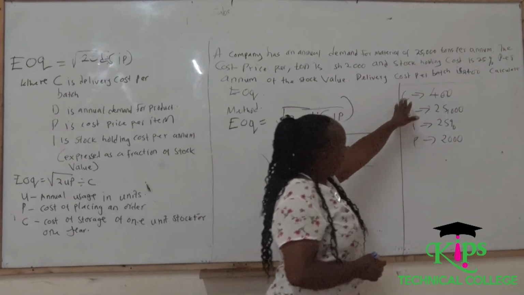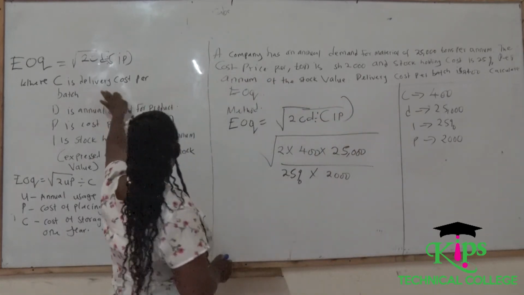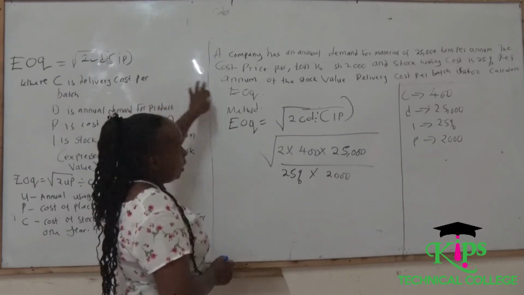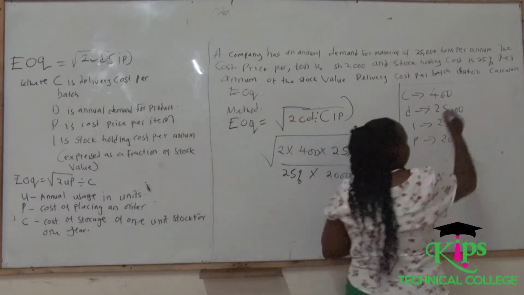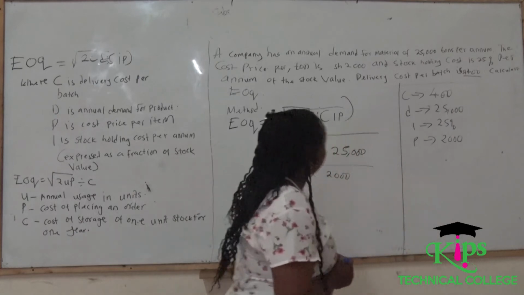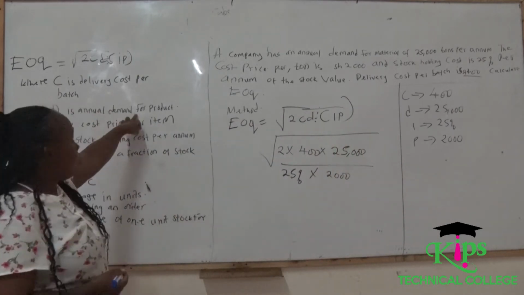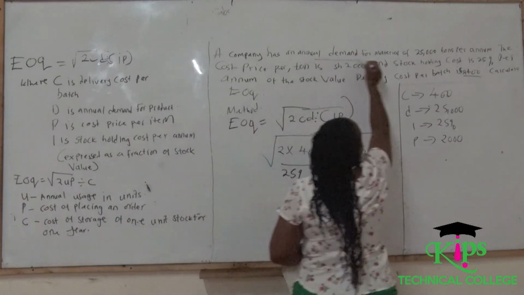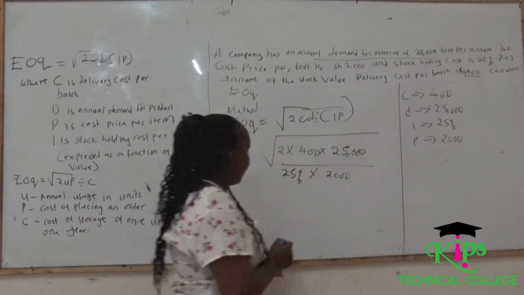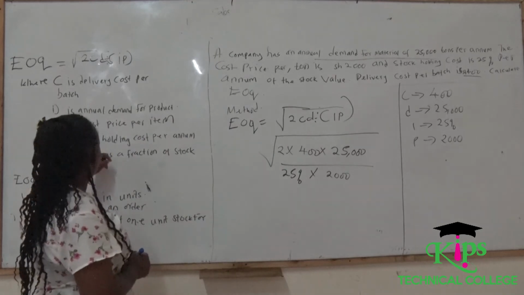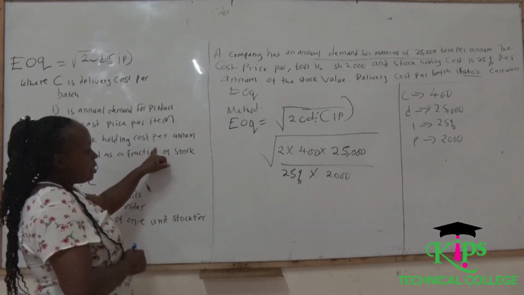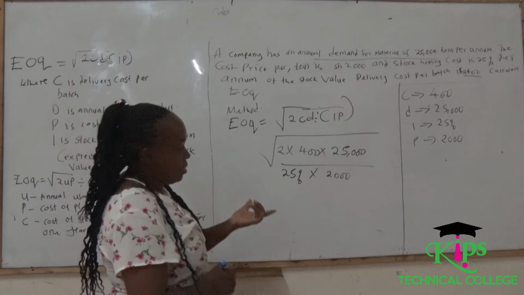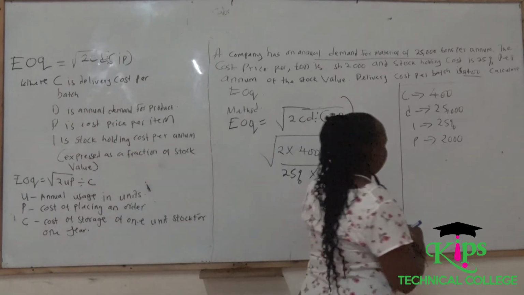Our C, the delivery cost per batch, is 400. D is the annual demand for the product, which is written there. I is the stock holding cost, which is expressed as a percentage.